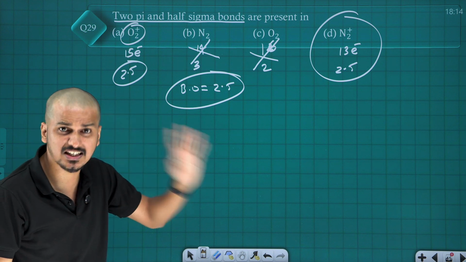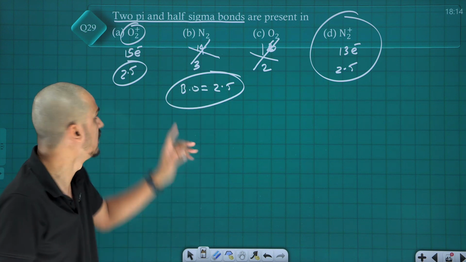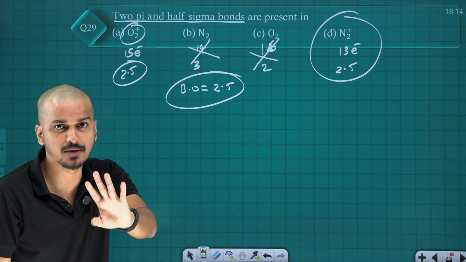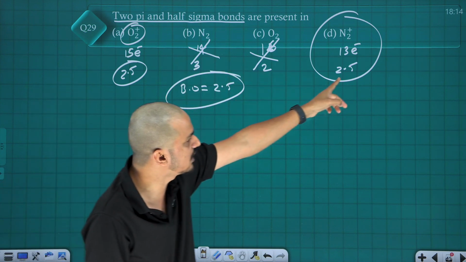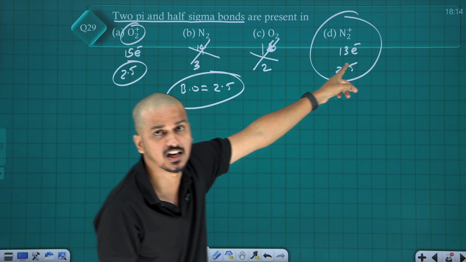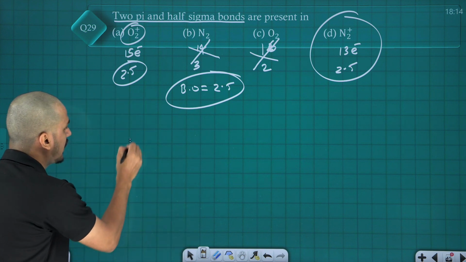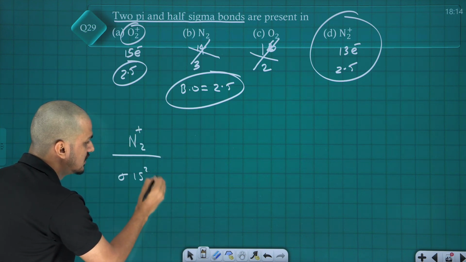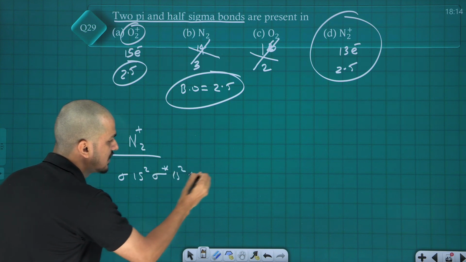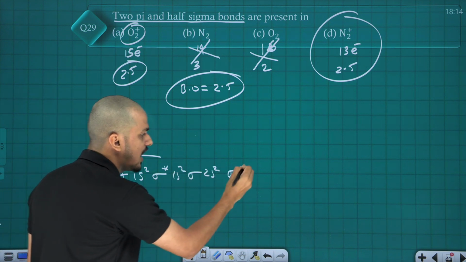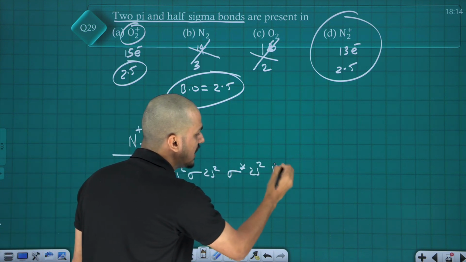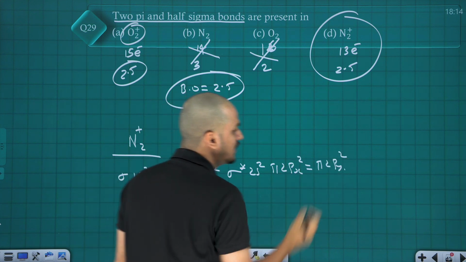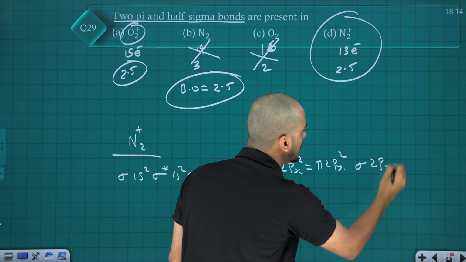Out of that, which is the correct one? Both have bond order 2.5. What about the first one? 2 pi bond and half sigma bond. Here how many electron? 13 electron. We can write for that 13 electron N2 plus configuration: sigma 1s2, sigma star 1s2, sigma 2s2, sigma star 2s2, pi 2px2 equal to pi 2py2, sigma 2pz1.